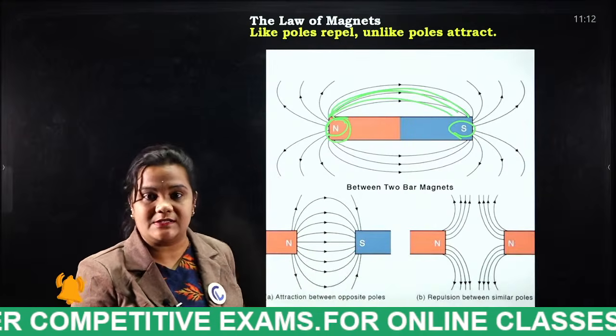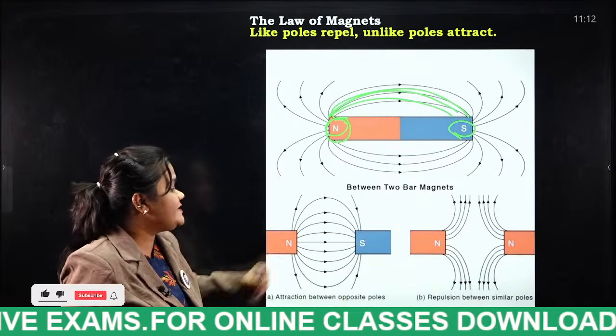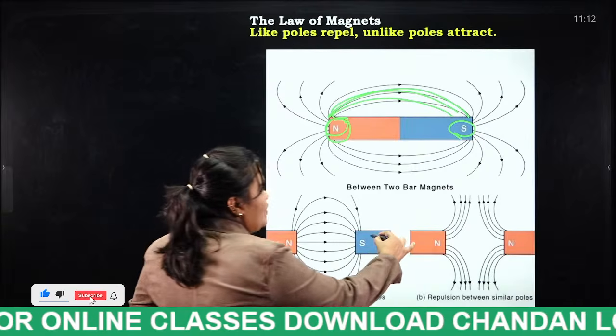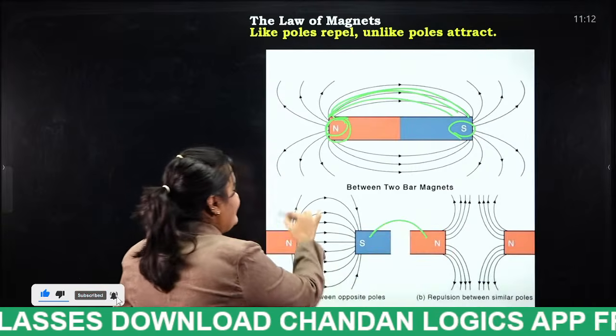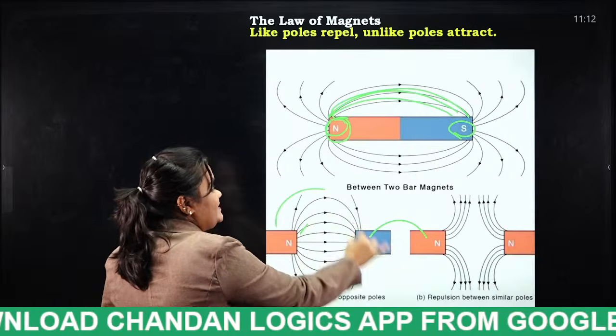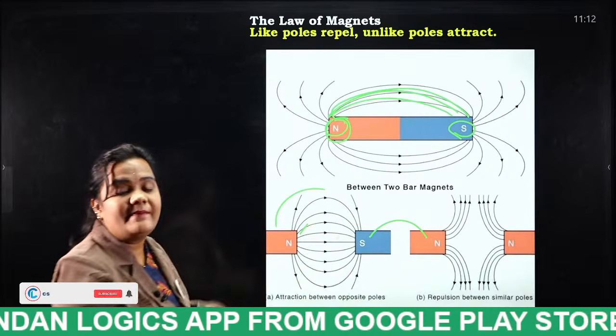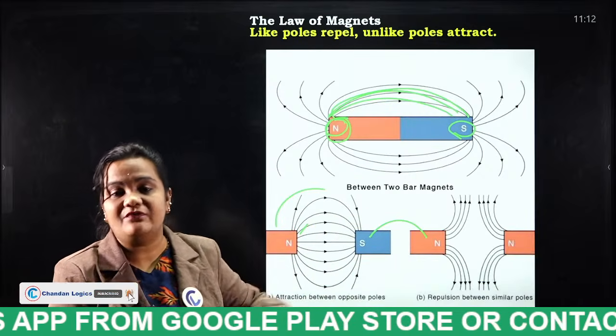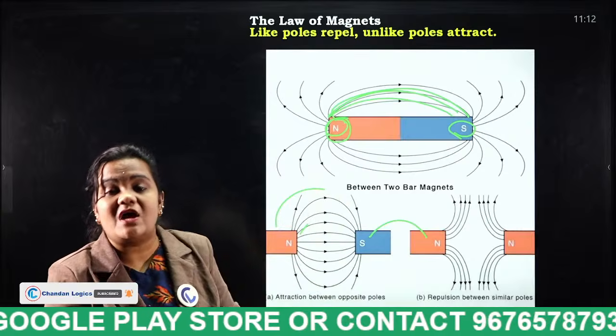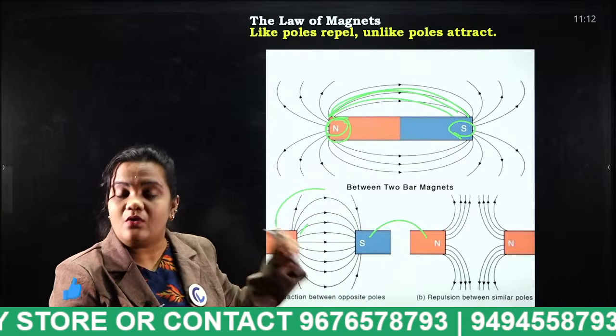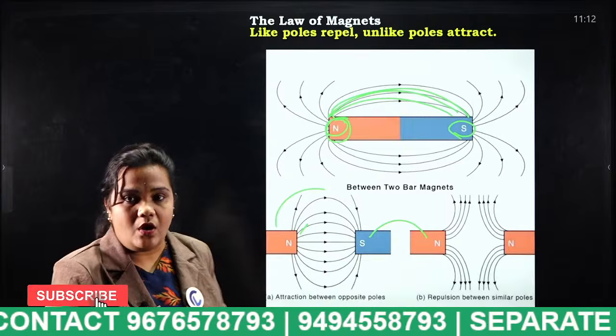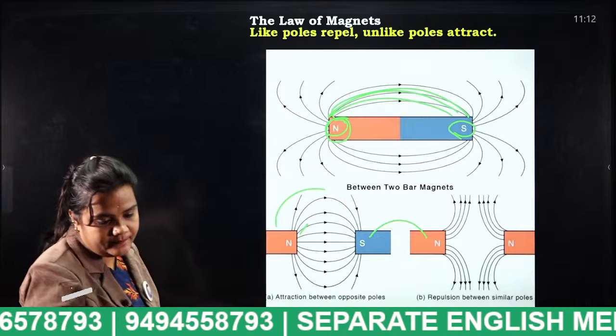Did you understand what I said? Unlike poles attract, like poles repel, the region surrounding the magnet is known as the magnetic field, and the lines in a closed loop are known as magnetic lines.